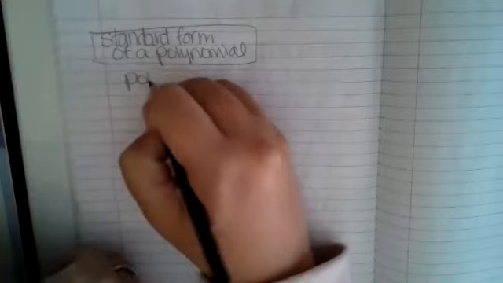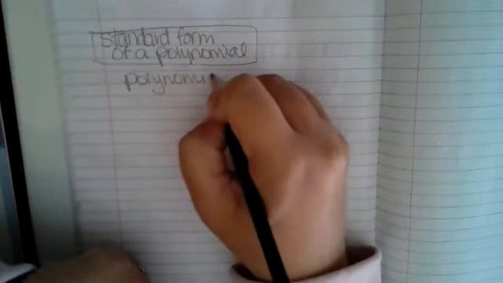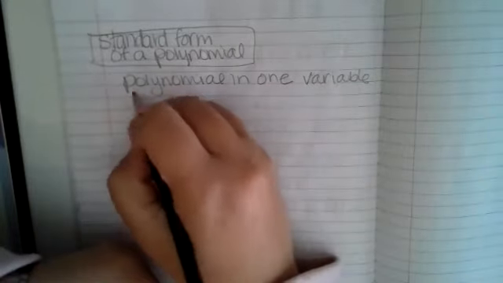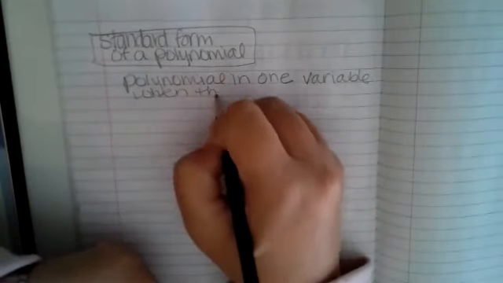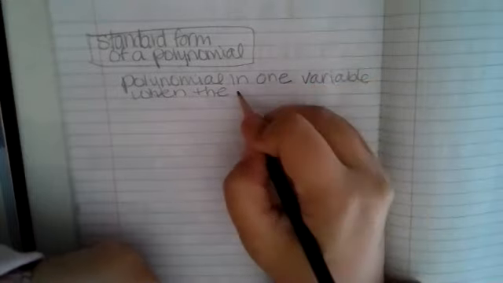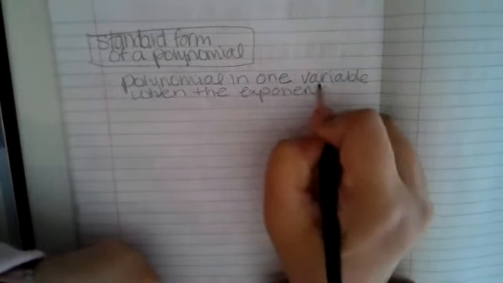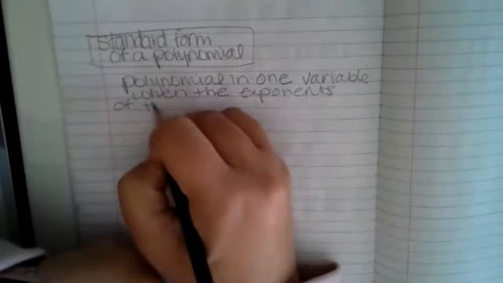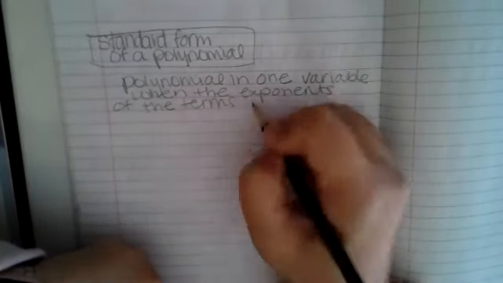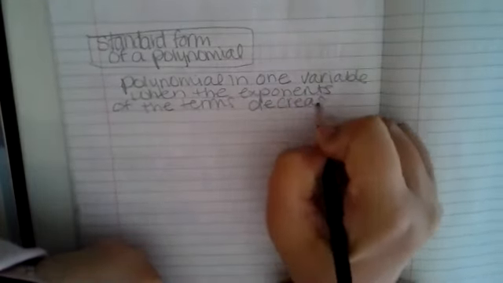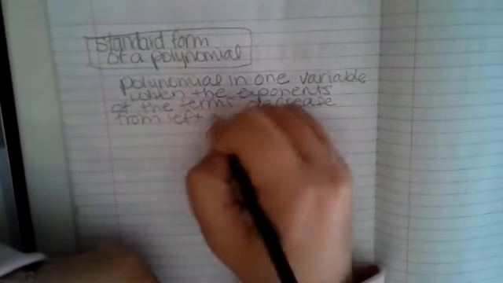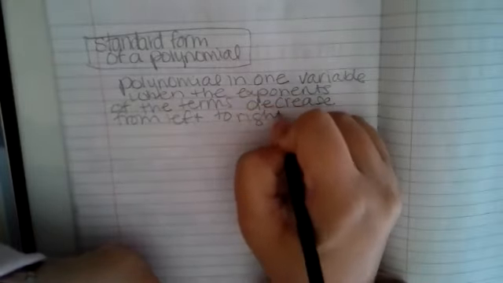So we need a polynomial in one variable when the exponents of the terms decrease from left to right.